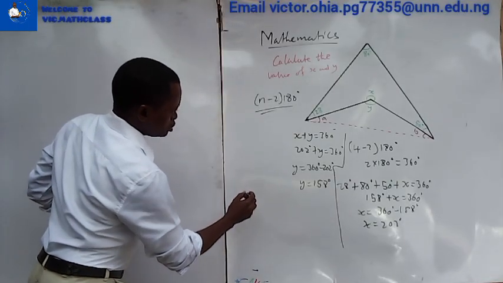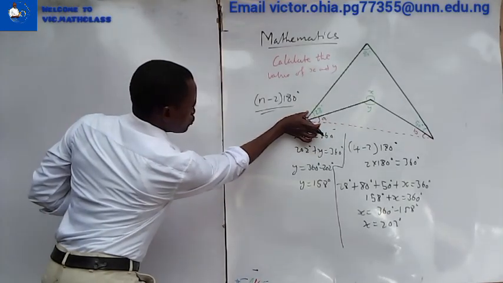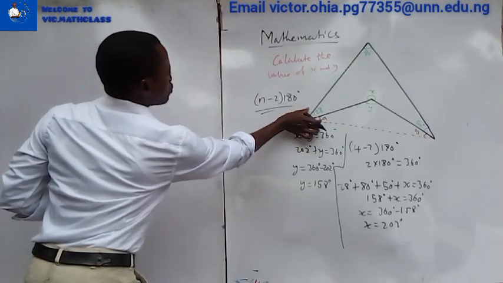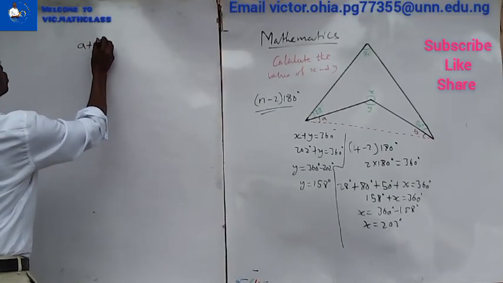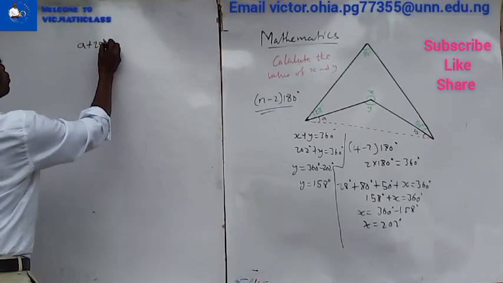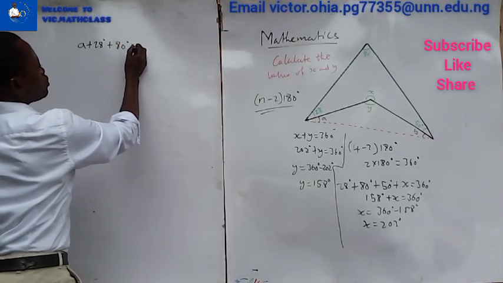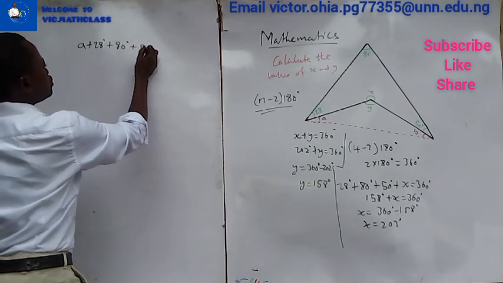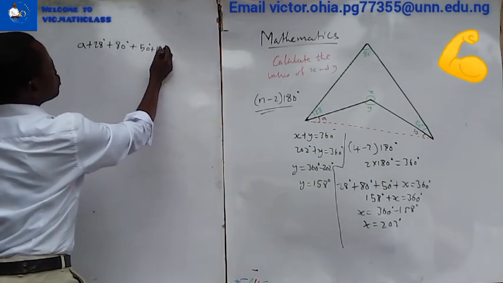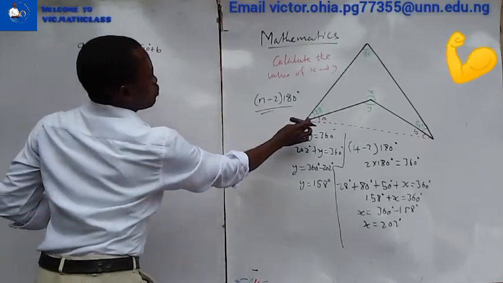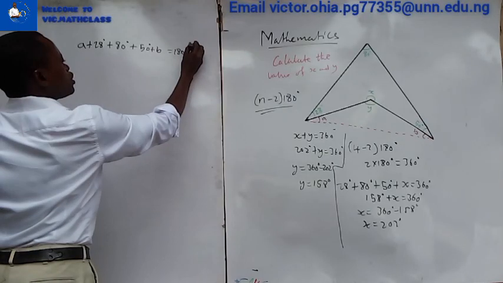So it then means I have this angle here as A plus 28 degrees, plus 80 degrees, then plus the angle on the other side, which is 50 degrees plus B. So there are 1, 2, 3 of them, and this is 180 degrees by sum of angles in a triangle.